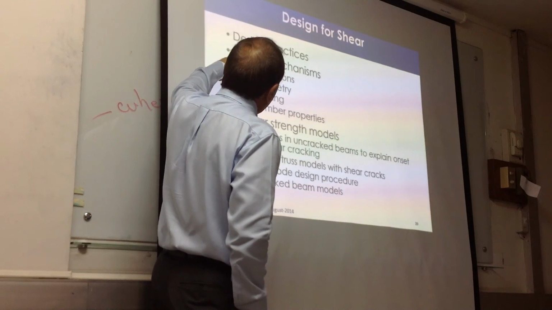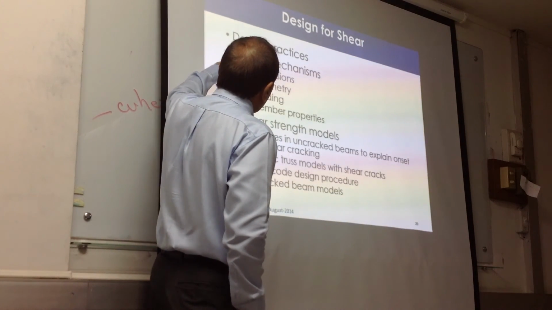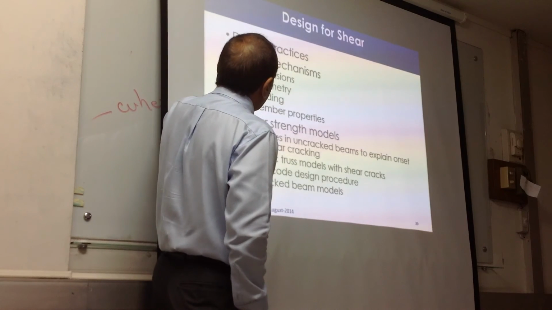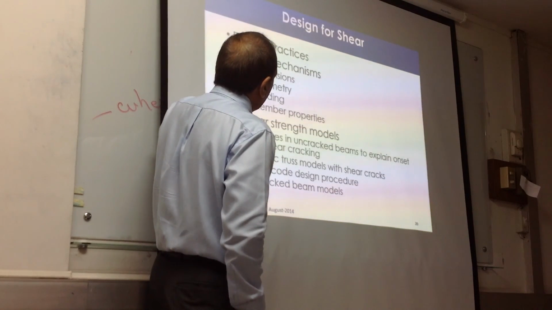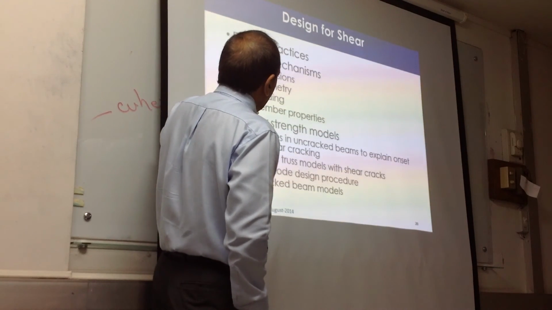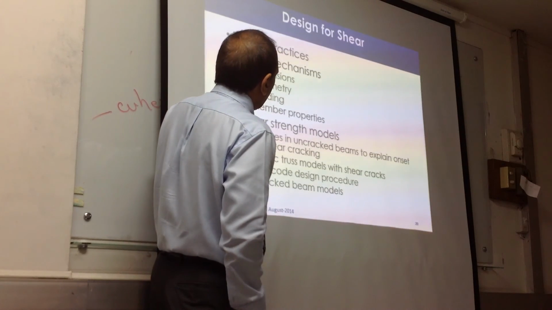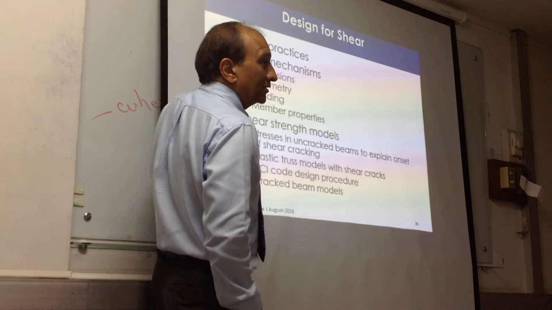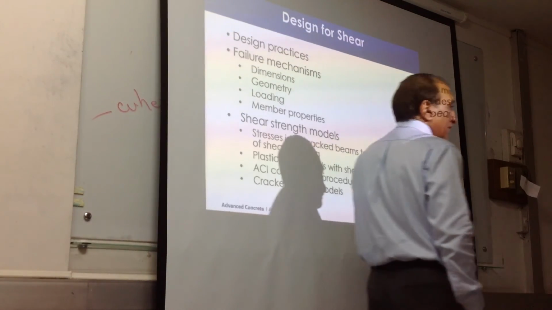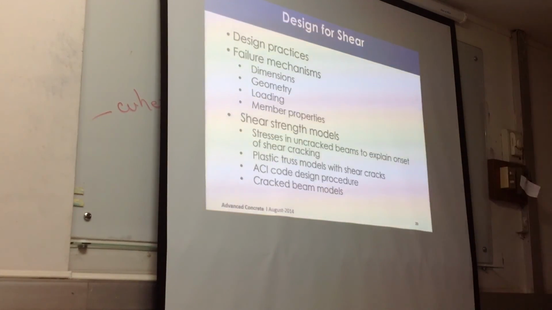Then we have to look at the dimensions, which will depend on dimension, geometry, loading, and member properties. Then shear strength models: stresses in uncracked beams, plastic truss models, ACI code design procedures, cracked beam models.